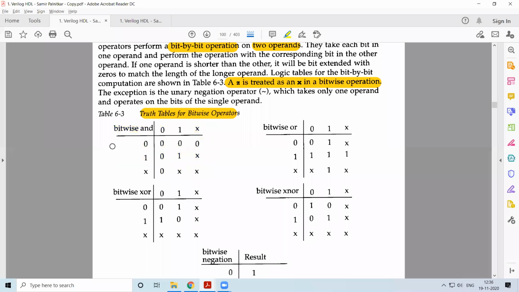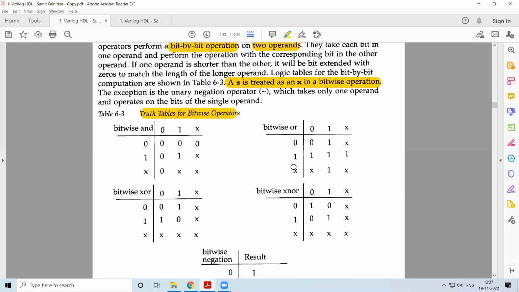Apart from this, if it is x, it will be evaluated to x. Whether the other input is 0, 1, or x, if any one input is 0, the output is 0.